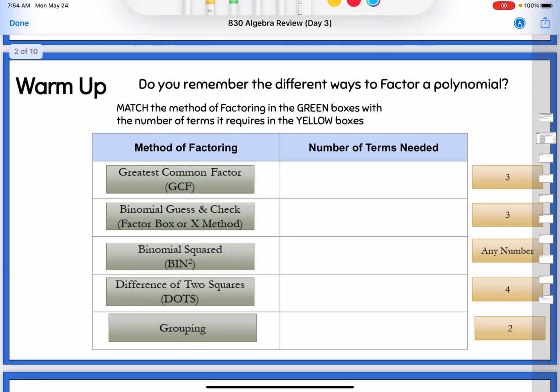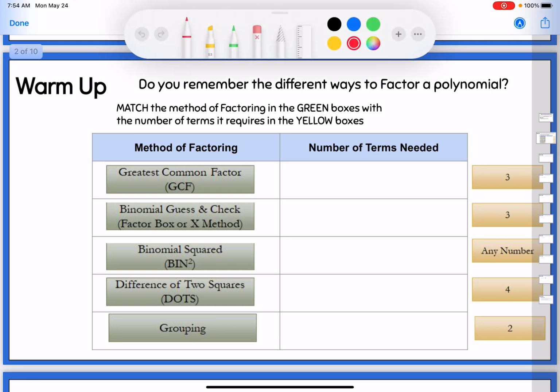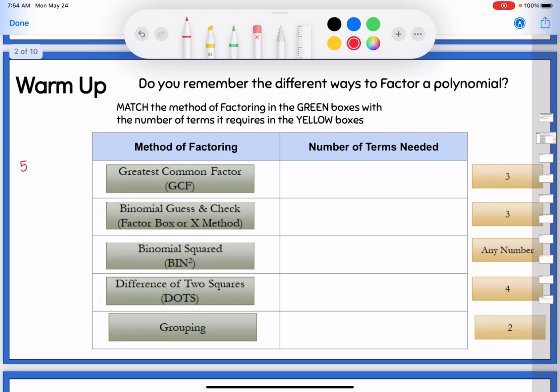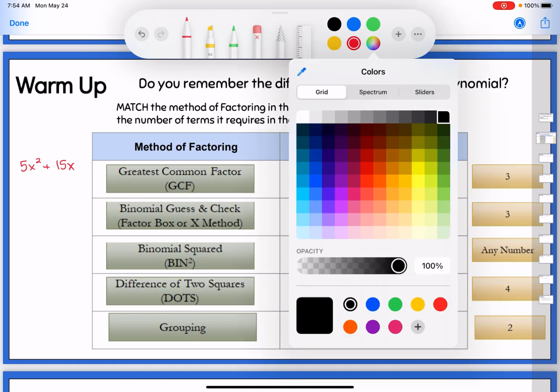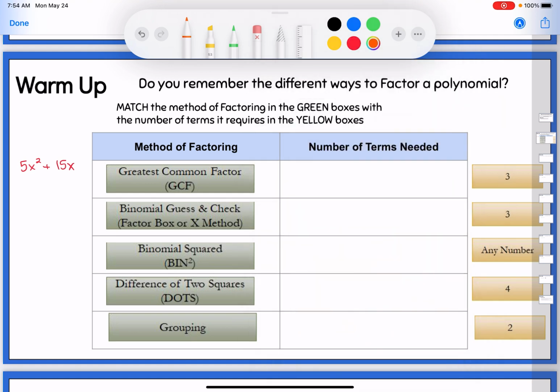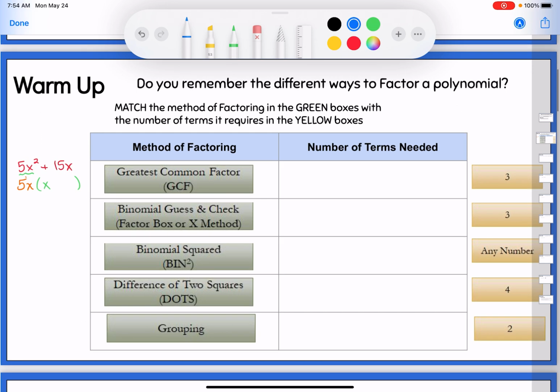This is when you have something that would look like 5x squared plus 15x, right? And you say, oh, those have a common factor of 5x. And then I say, okay, what's left? I would have just an x left from this one, and 5x times 3 would give me 15x, so this would be factoring by GCF.